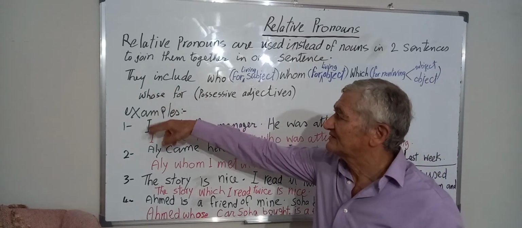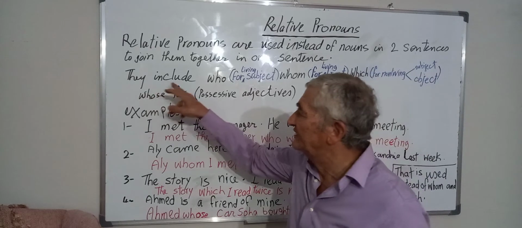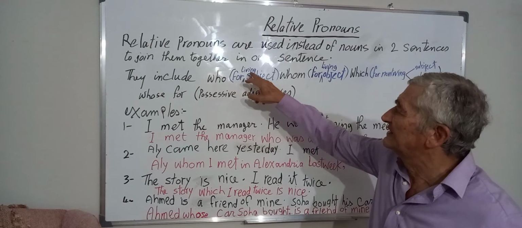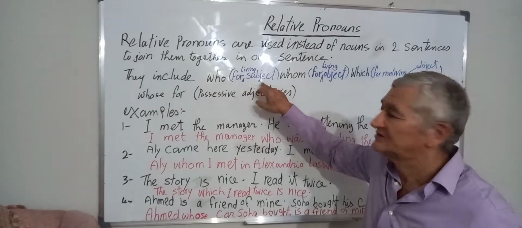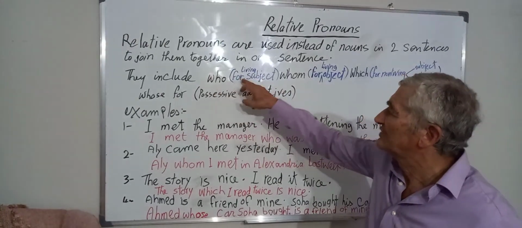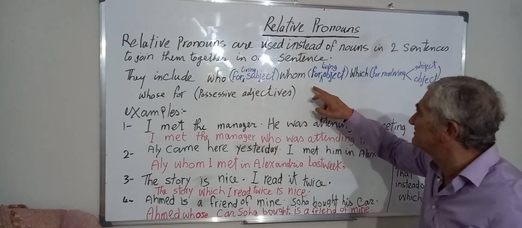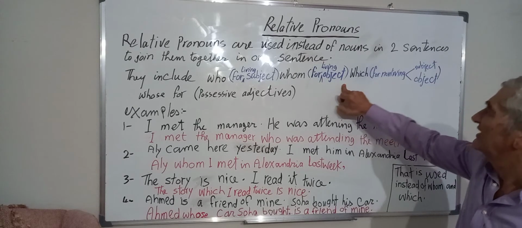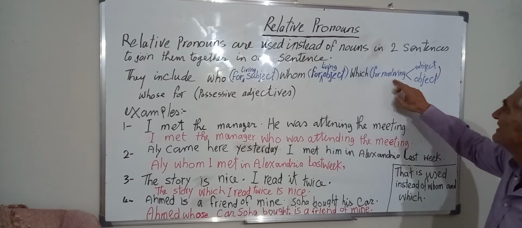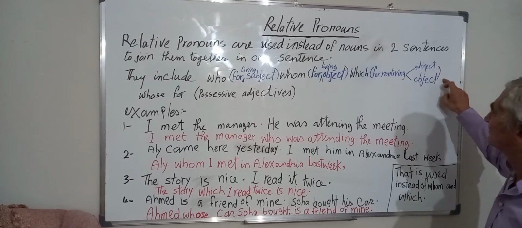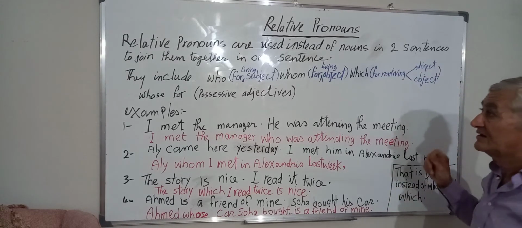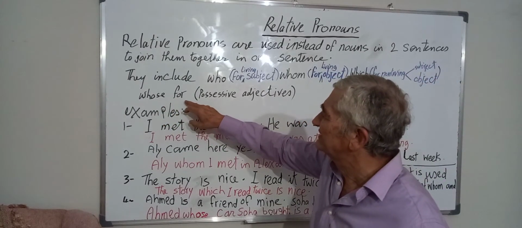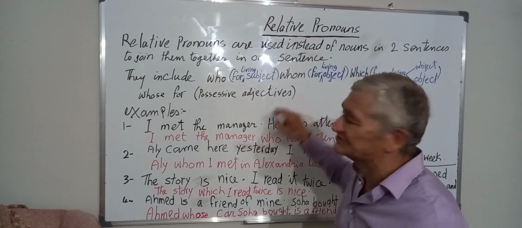But before this, I want to say that they include who instead of a living subject. We choose who for a living subject, and whom for a living object, and which for a non-living subject or object. Whose, we use it instead of possessive adjectives.